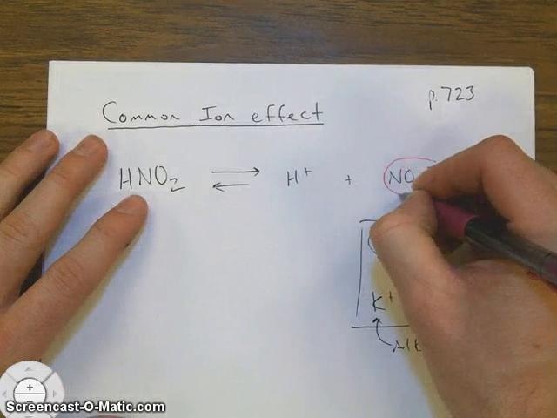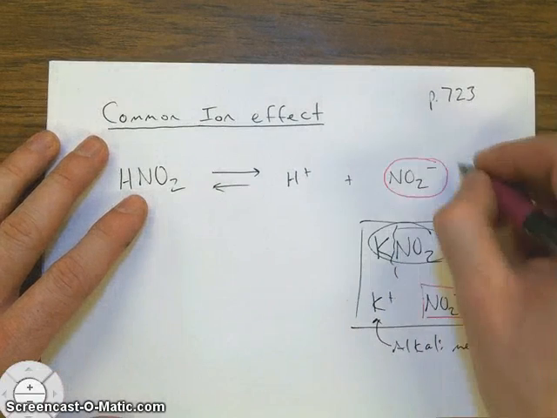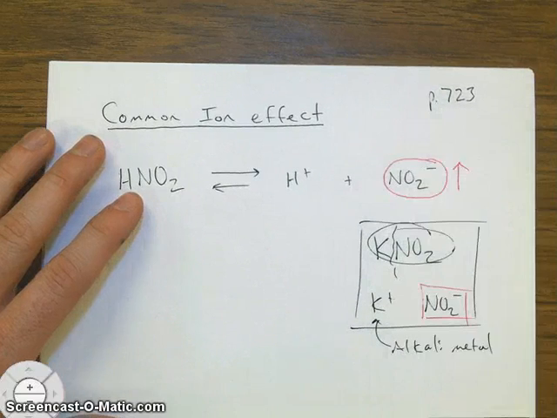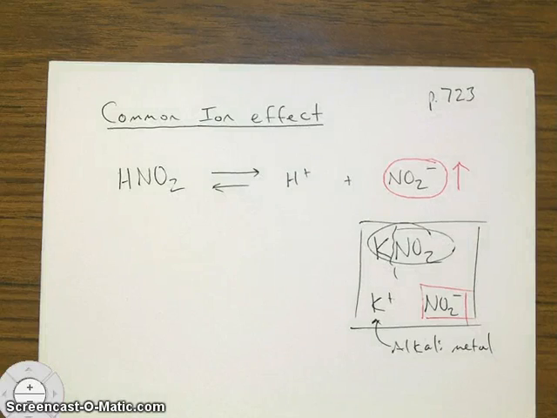So we had this weak acid in solution, and then we added a bunch of potassium nitrite, and it upped the concentration of nitrite in this equilibrium.